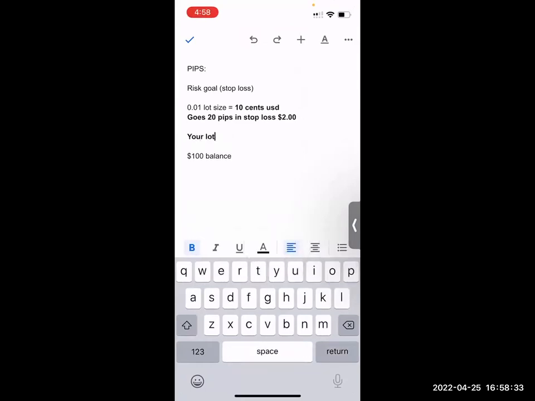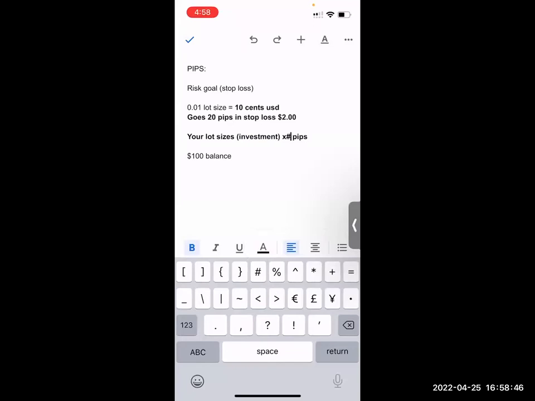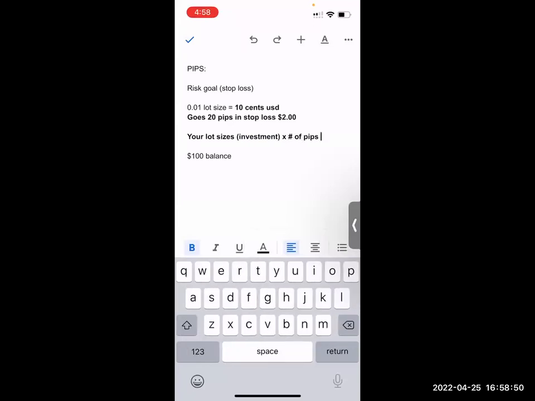Your lot size, which is your investment, multiplied by the number of pips equals your loss.